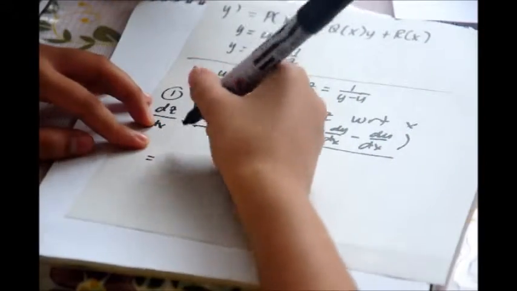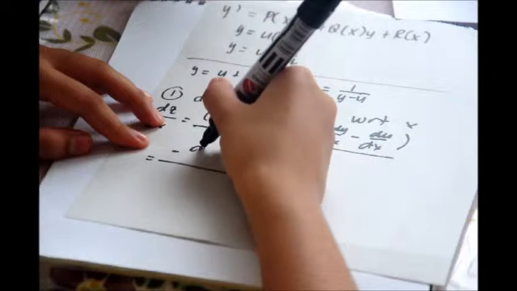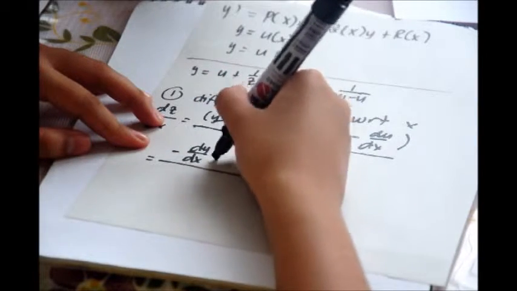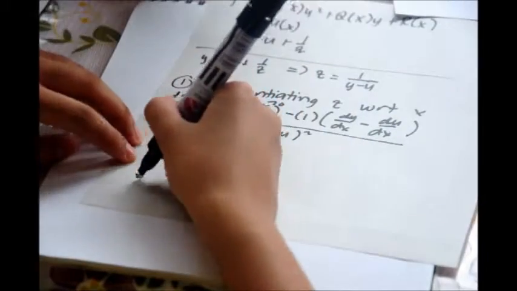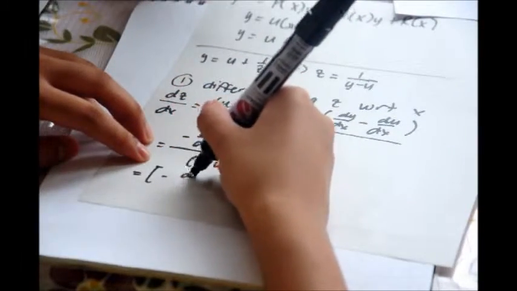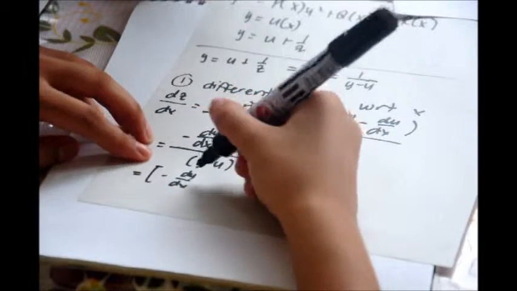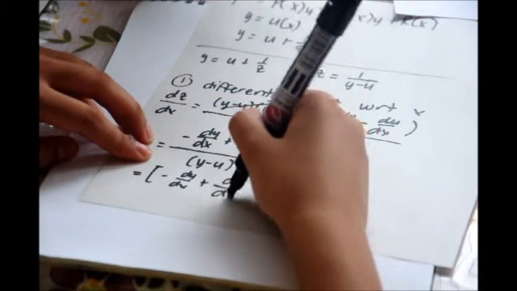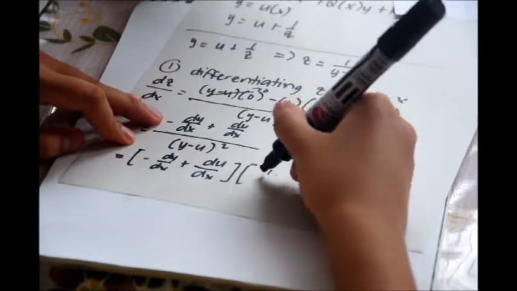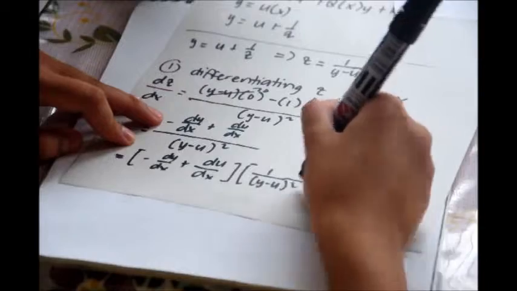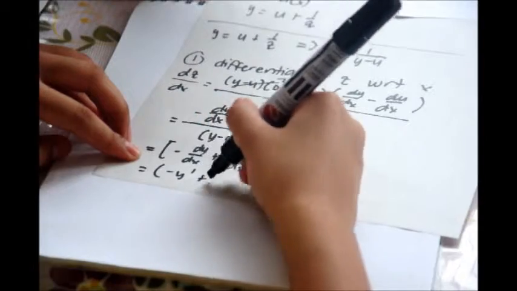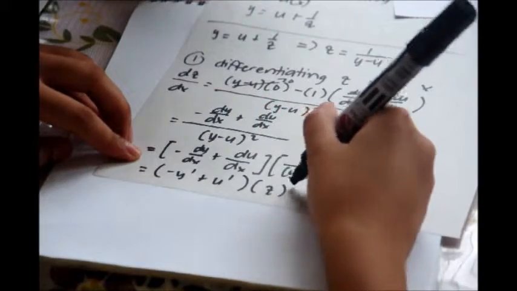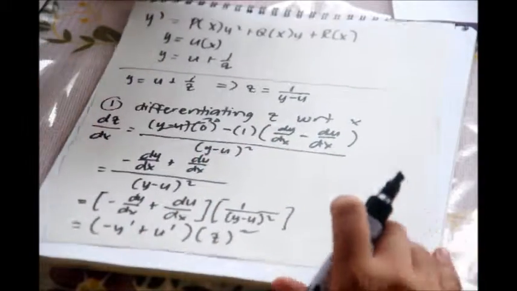It becomes negative dy over dx plus du over dx all over (y minus u) squared, which is equal to negative dy over dx plus du over dx times 1 over (y minus u) squared, which is equal to negative y prime plus u prime, times z squared. So that is the first step.